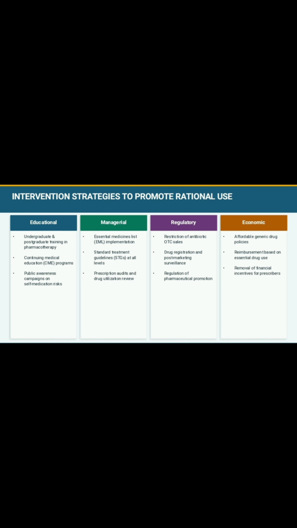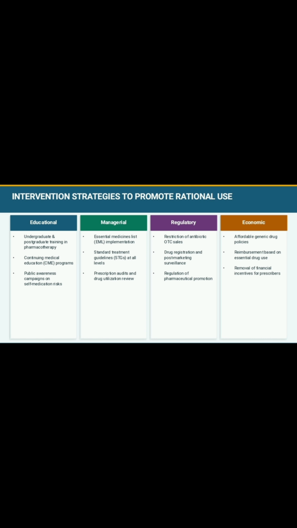All the medical staff or pharmacy staff follow the regulations from the PCI or any medical council.